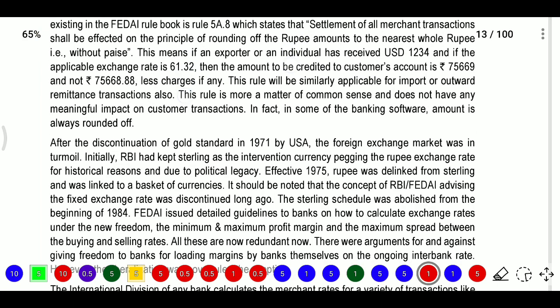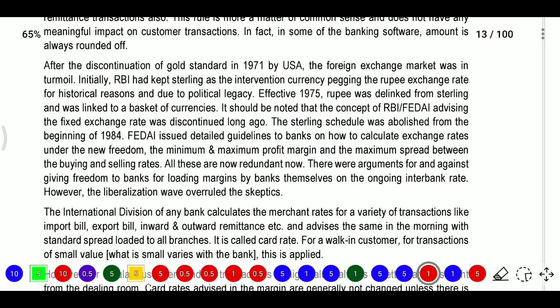After the discontinuation of the gold standard in 1971 by the USA, the foreign exchange market was in turmoil. Initially the RBI kept sterling as the intervention currency, pegging the rupee's exchange rate for historical reasons due to political legacy. So effective 1975, the rupee was delinked from sterling and was linked to a basket of currencies.